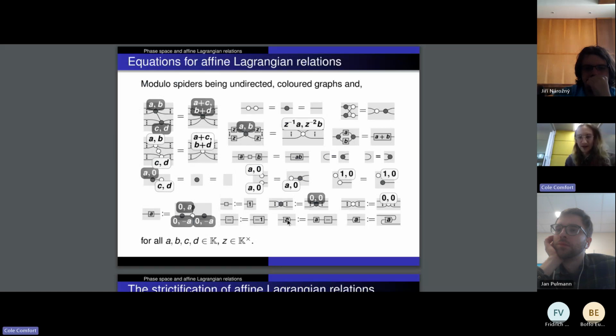This multiplies the position by A and divides the momentum by A, which respects the duality that I was trying to sketch on the previous slide. And of course, if the spiders are labeled by the identity of the group, which in this case is 0, 0, then so we don't have too much clutter, we will just omit the label.